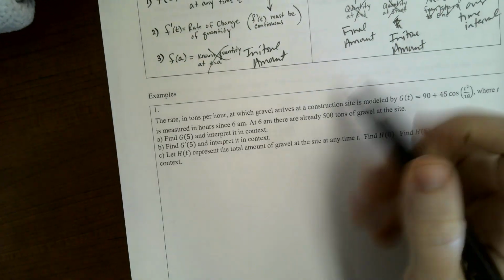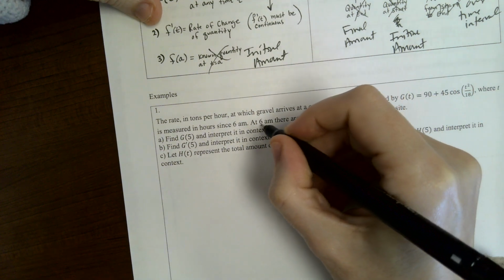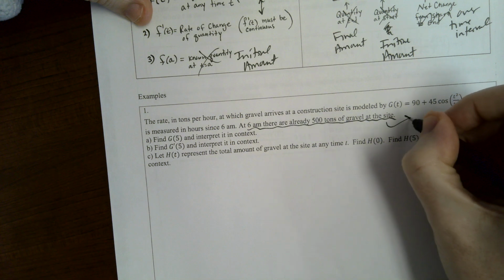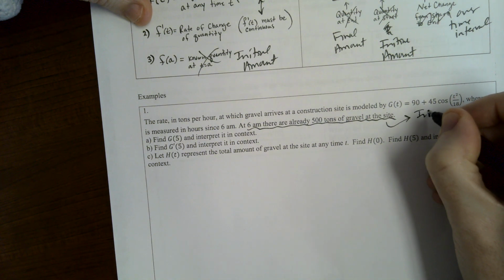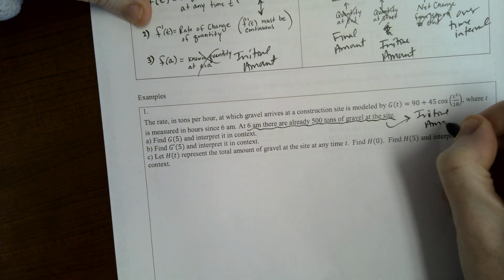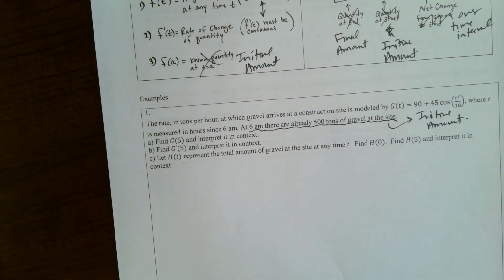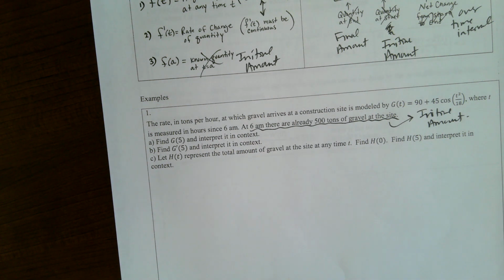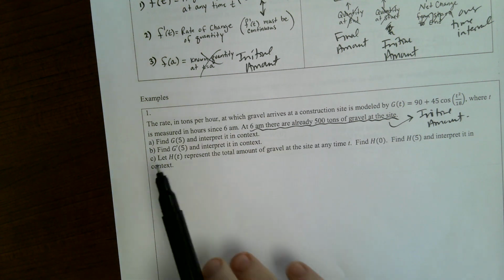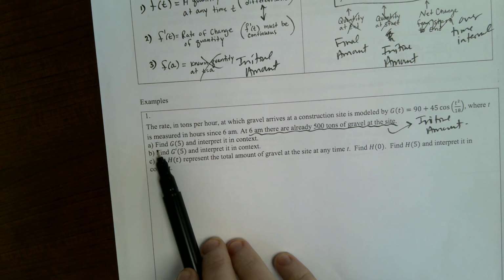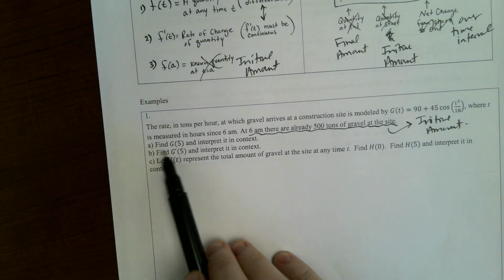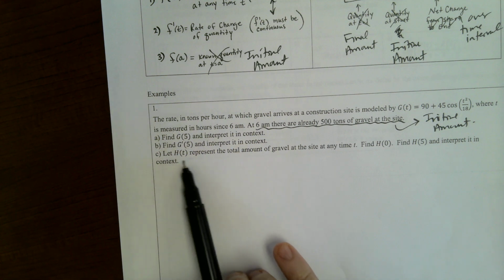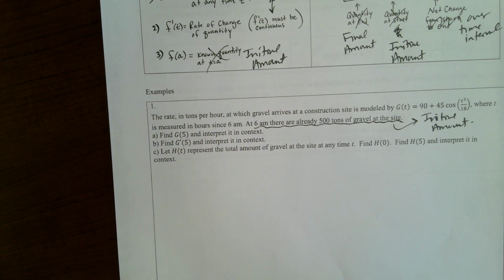This is an initial amount, so always be on the lookout for whether they're giving you an initial amount of something. Find g of 5 and interpret it in context. Find g prime of 5, same, and then we'll take a closer look at c.